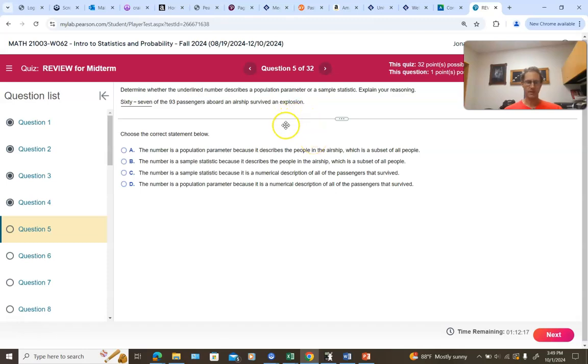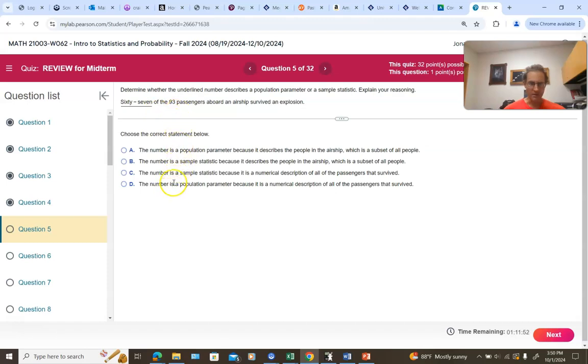All right, number 5. Determine whether the underlying number describes a population parameter or a sample statistic. Explain your reasoning. It says 67 of the 93 passengers aboard an airship survived an explosion.